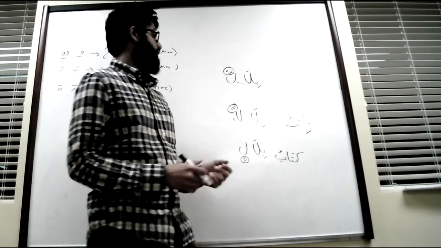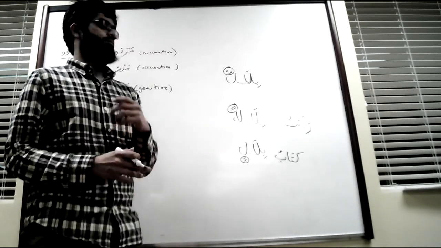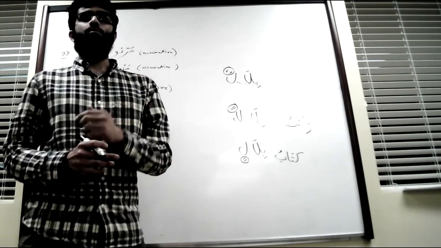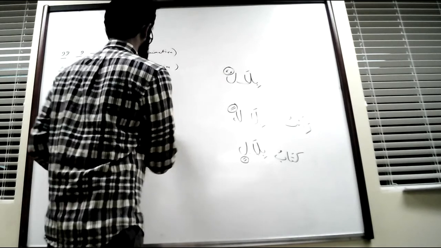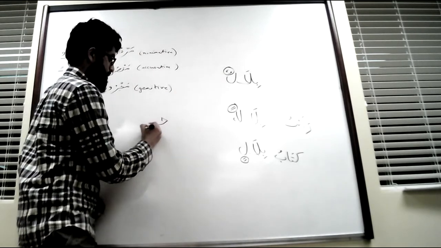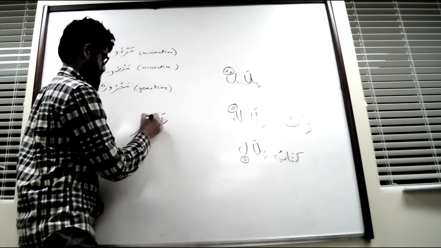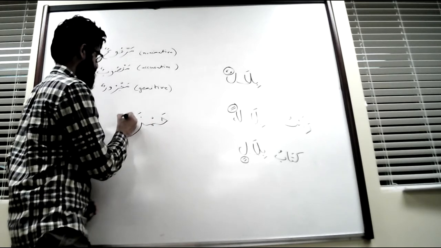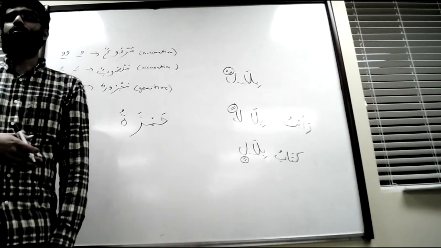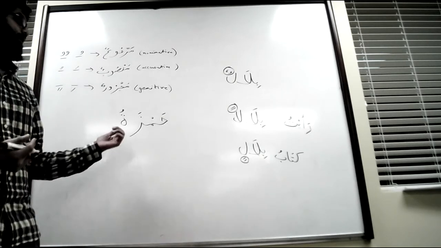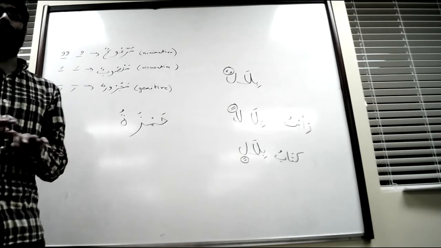Okay, so we're gonna write a name that's mamnu, a masculine name. Hamza. Hamzatu, right? We write it here. Why is it mamnu? It's a ta marbuta, right? It's a masculine name that has a ta marbuta at the end, so it's mamnu' min as-sarf.